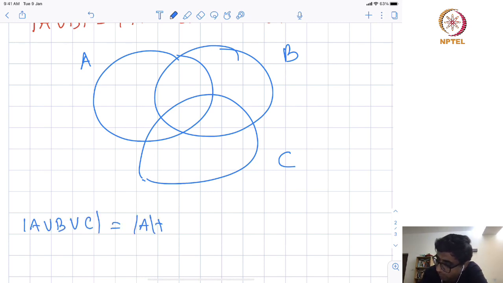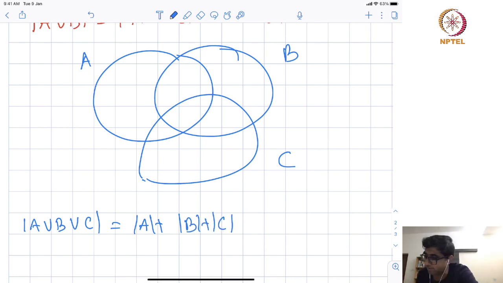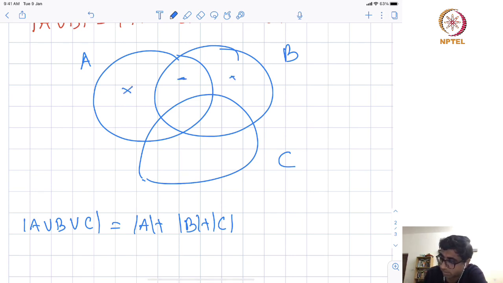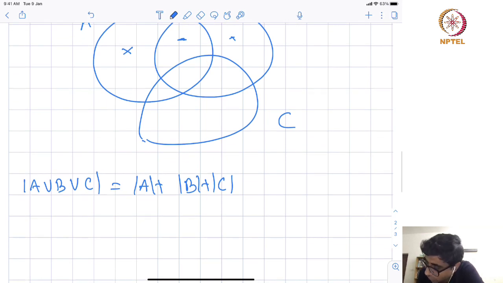So, first we add the sizes of A, B and C. But now notice that there is a lot of overcounting going on. What is the overcounting? These elements are counted in this set and that set, and so on and so forth. So, you try to subtract them out.